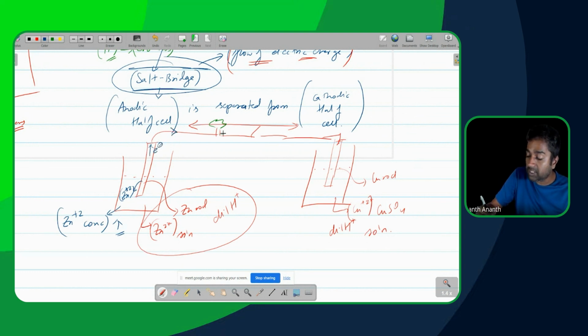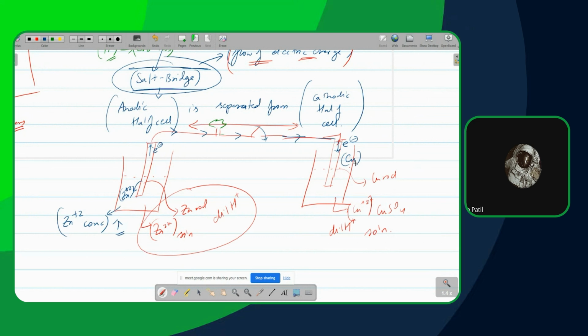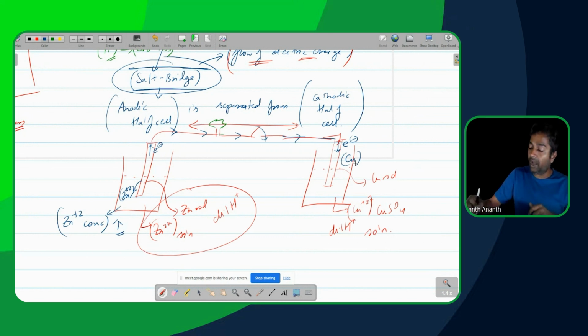Those electrons are supposed to flow through this circuit. When I turn the switch on, those electrons will flow through the circuit and reach this copper electrode. So far clear? Yes. And if they reach the copper electrode, then the bulb will glow. That's the idea here.